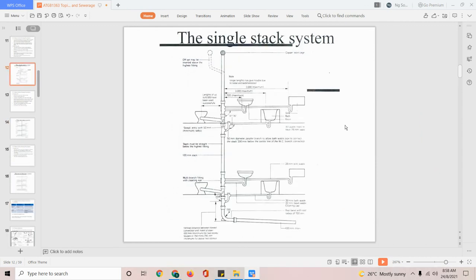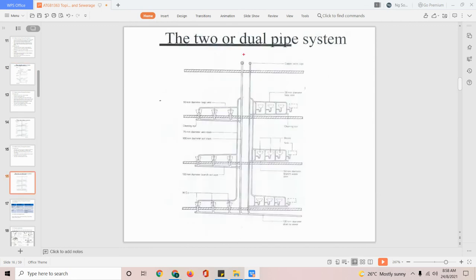And then for a single stack, usually you have one very, very big pipe. So the advantage of this is you have two pipes instead of one. You can separate these two pipes away from each other. So you can have one here, another one here.